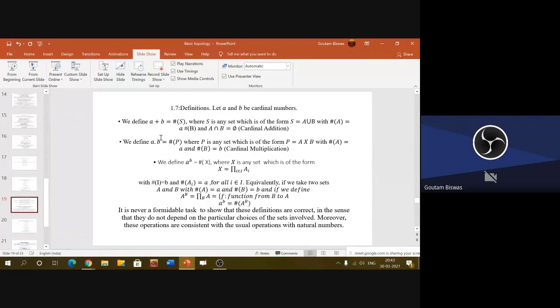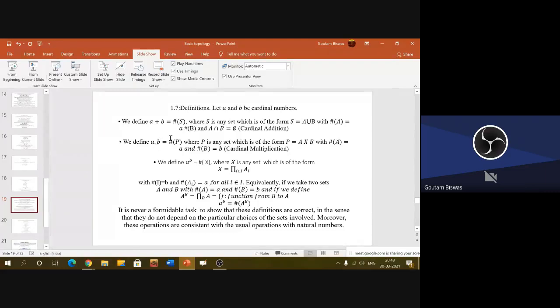And this is the cardinal multiplication, where P is the set A cross B, that is the Cartesian product, and the cardinality of A is equal to a and the cardinality of B is equal to b.